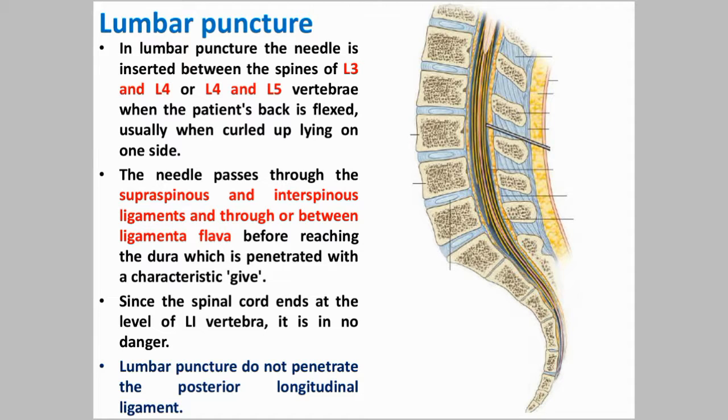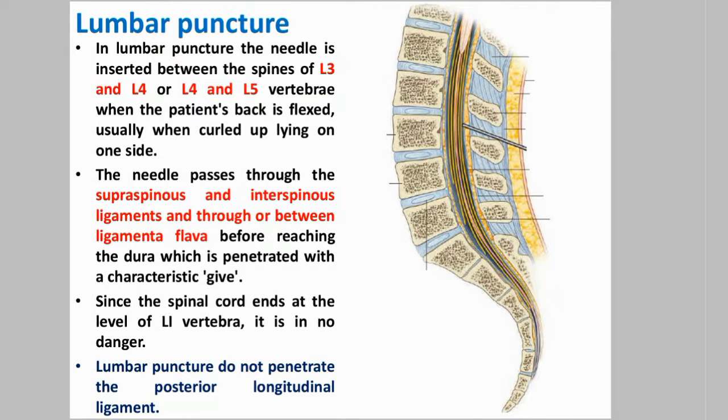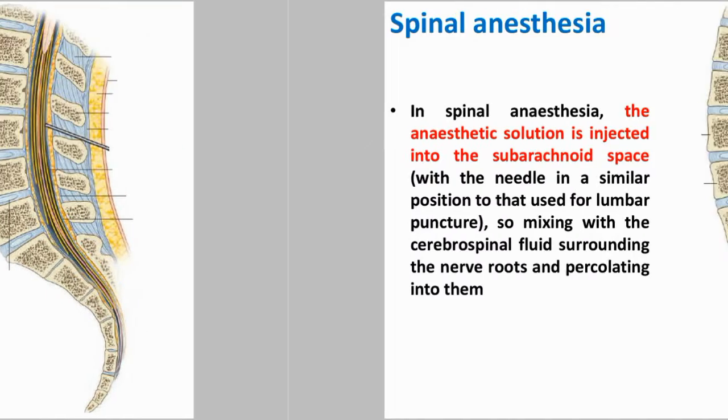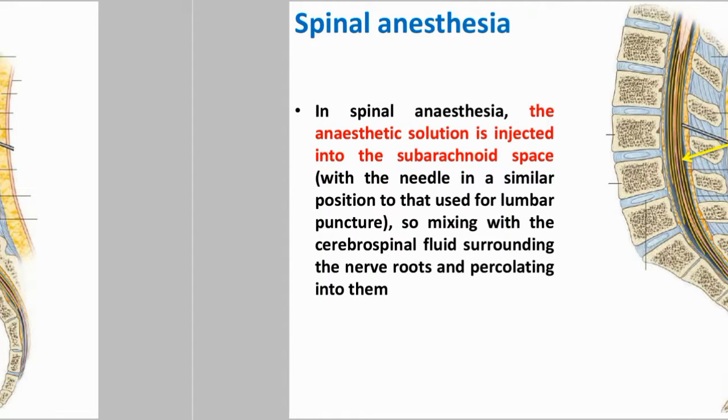When we insert the needle between L3, L4 or L4, L5 vertebrae, this needle passes through the ligaments of the vertebrae. These ligaments, as we said before, we will study later. Just now, remember these ligaments.